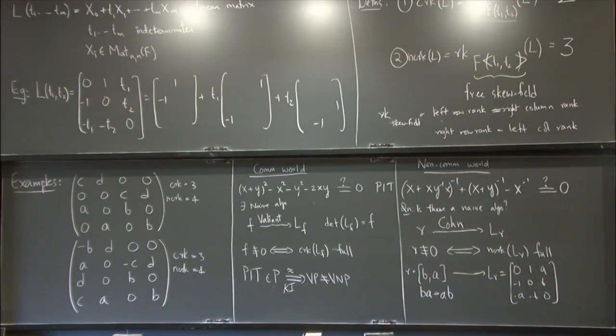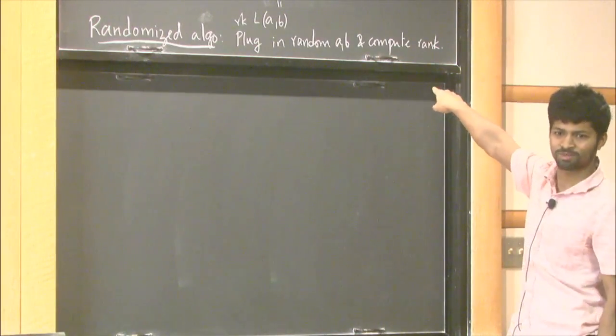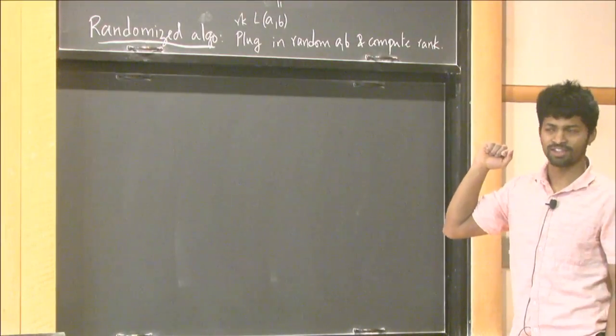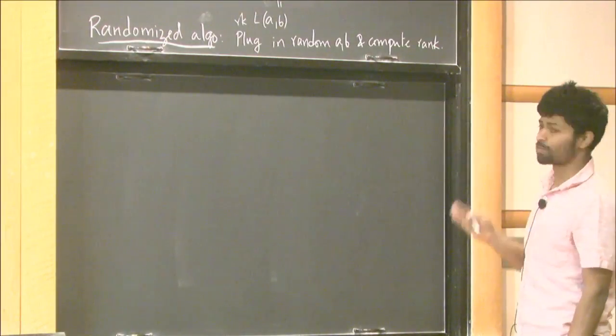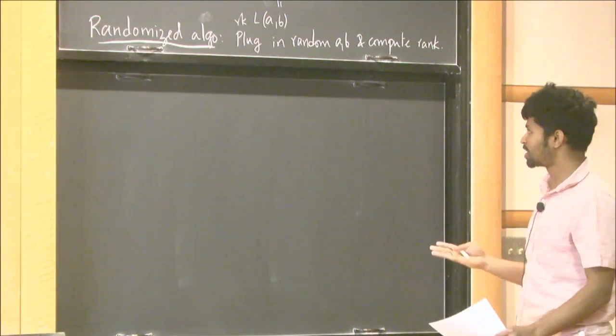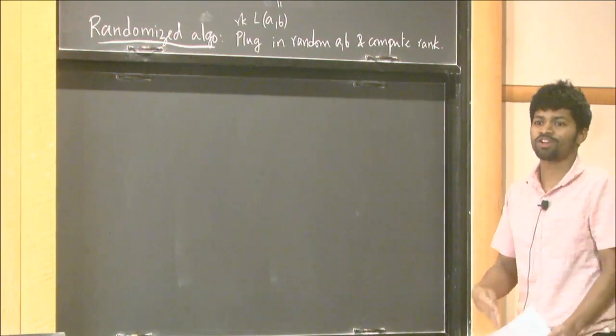But now let's come to the non-commutative rank, and we saw that there isn't a naive algorithm. Can we find some kind of randomized algorithm that's similar to this? We had an idea shoot out from the audience. In this case you were plugging in numbers because you were in the commutative setting. In the non-commutative setting, what can you possibly plug in?